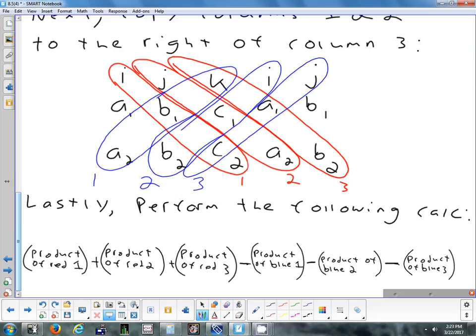Red 1. Gold 2. Okay, if you don't have different colors, what you could do on your paper is you could call them diagonals 1, 2, 3, 4, 5, 6. You could do it that way if you don't have different colors. Okay, does everybody at least have the formula written down?